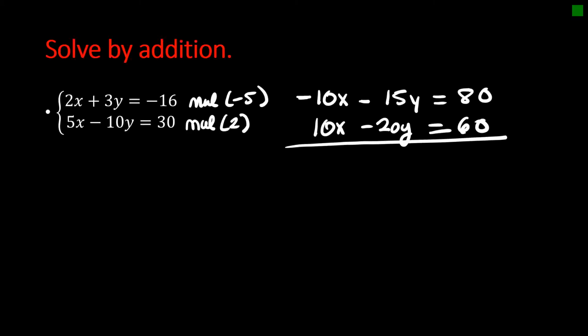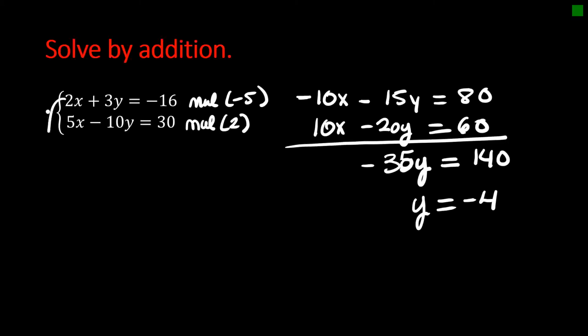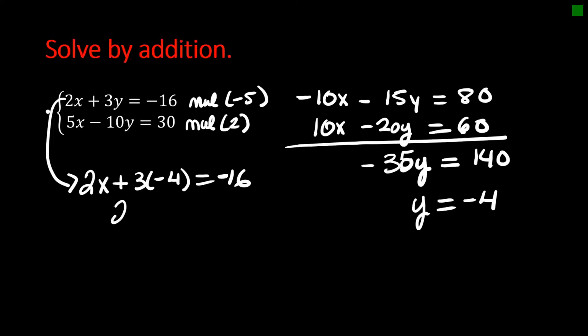Now when I go to add, negative 10x plus 10x is 0. I have negative 35y equals 140. And if I divide, y is going to be negative 4. So now I need to find x. I'm going to use my first equation to find x. 2x plus 3 times negative 4 equals negative 16.